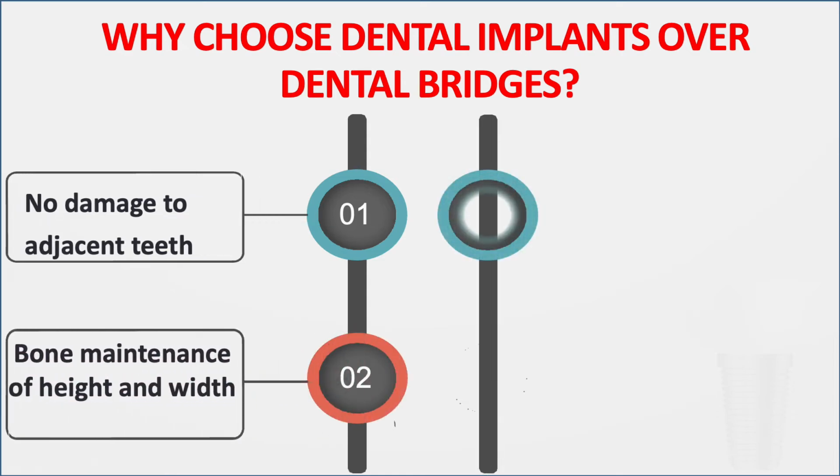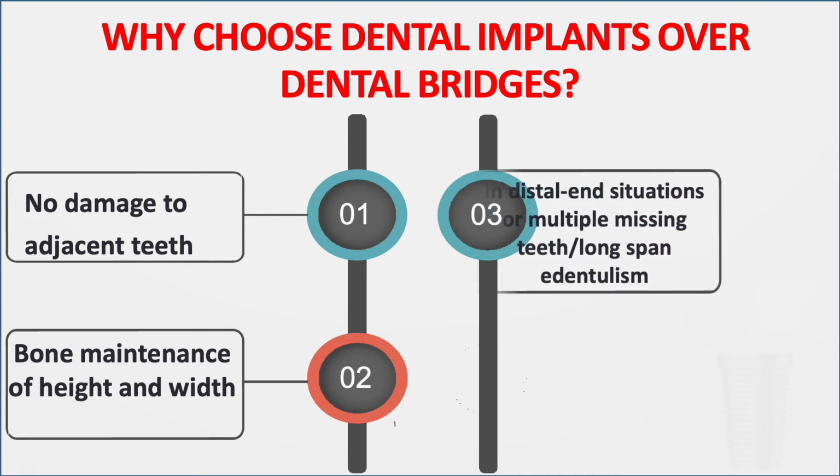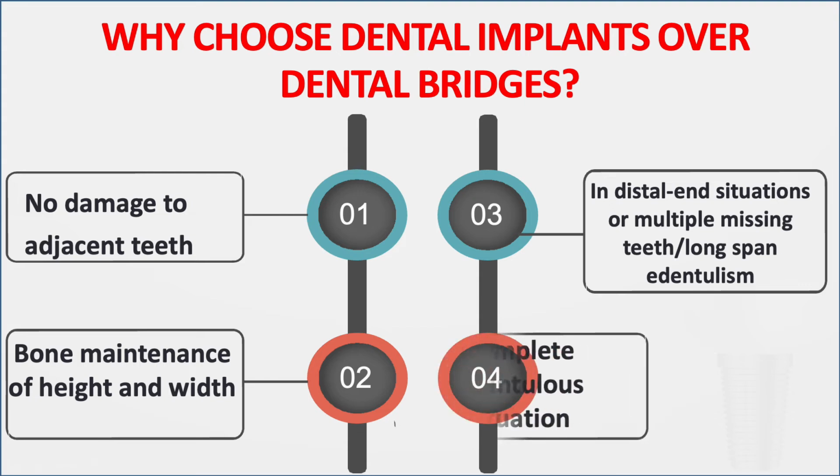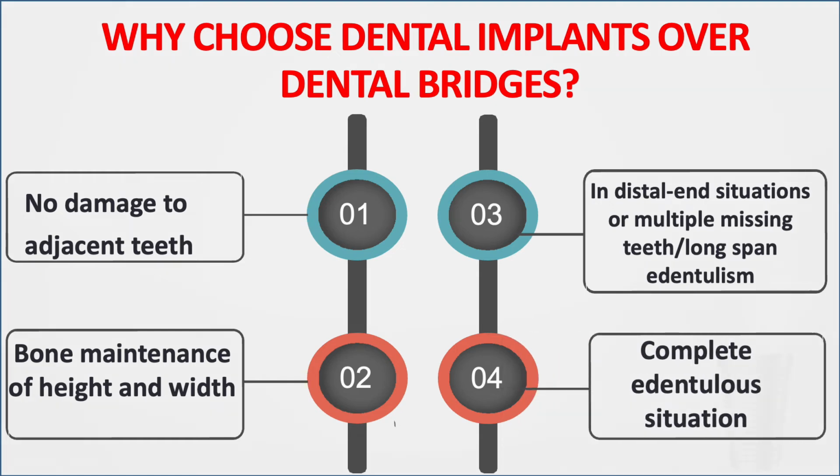There is bone maintenance: an implant will maintain the height and the width of the bone. Then in distal end situations, multiple missing teeth or long span edentulous cases, it is impossible to give a fixed prosthesis without an implant. And in complete edentulous situations, we can give overdentures.